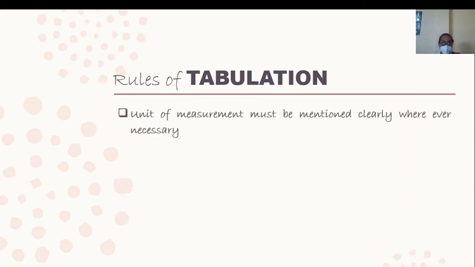And another one: the unit of measurement must be mentioned clearly wherever necessary. Yan is very important. For example, kanina yung weight natin, naka-indicate what is the unit of that property or characteristic. Dapat naka-emphasize clearly yung unit of measurement.